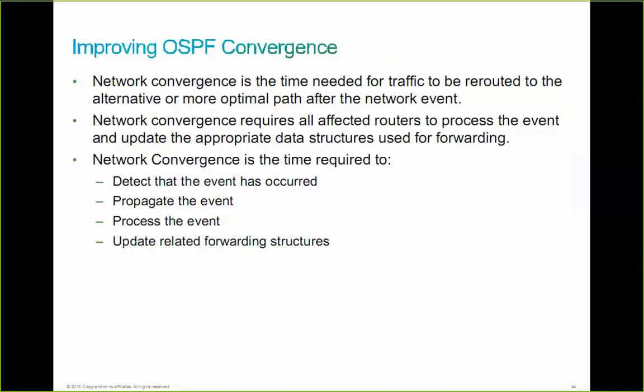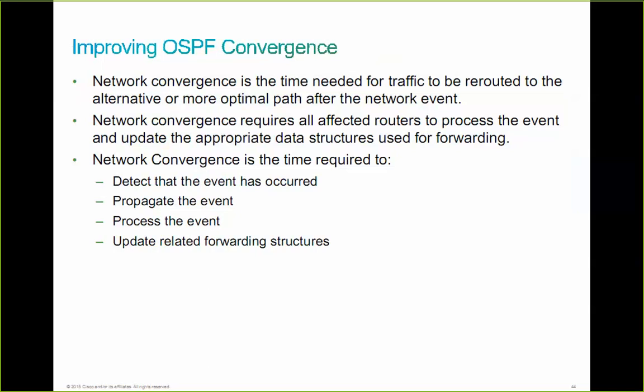All right? We already know generally what network convergence is. It's the time that's needed for the network to respond to whatever topology change event occurs. It's the time it takes for traffic to be rerouted to an alternate path when the primary path fails or when a more optimal path appears.